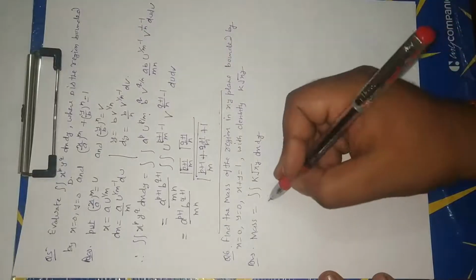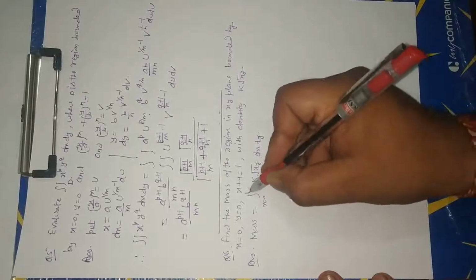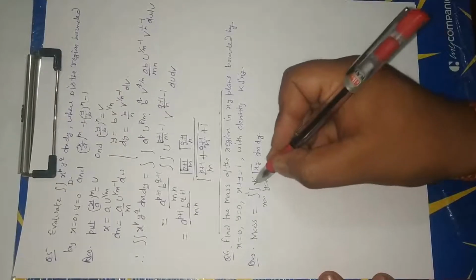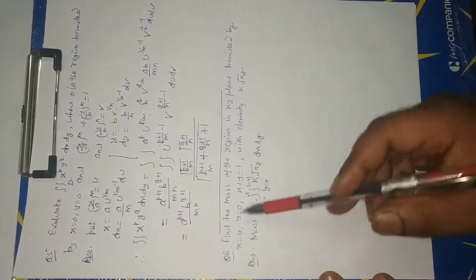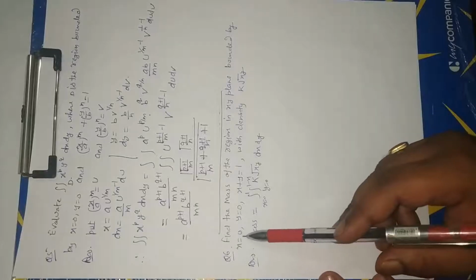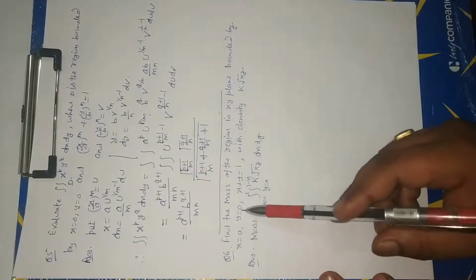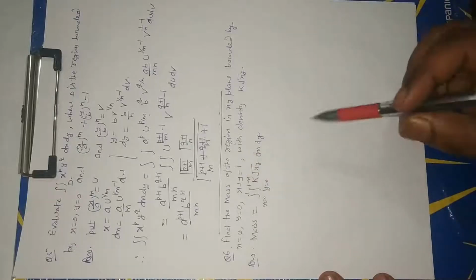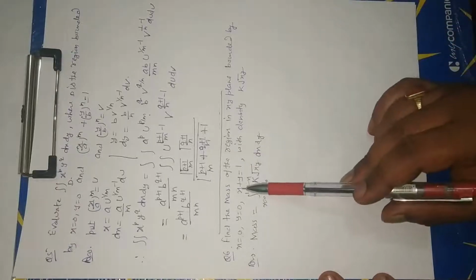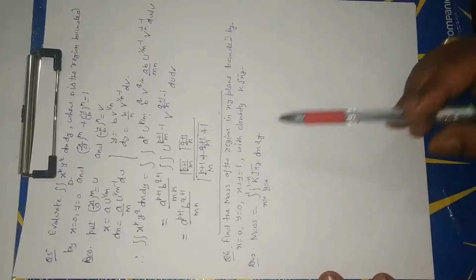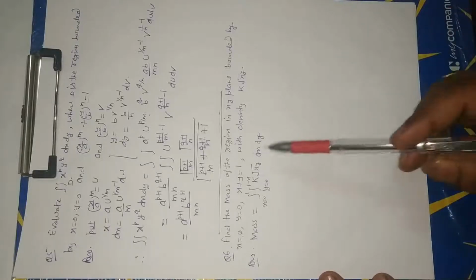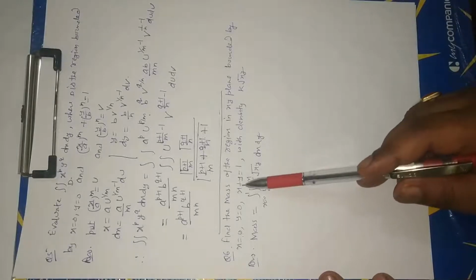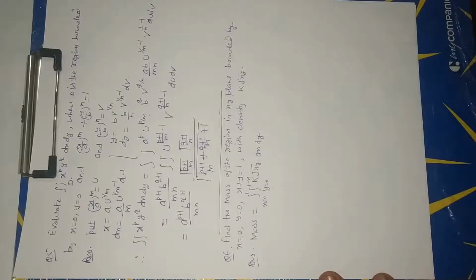Now the limit of x is 0 to 1, and the limit of y is 0 to 1 minus x. Both lower limits are 0; the upper limit of x, when we hide y, is 1. Now the upper limit of y is equal to 1 minus x.